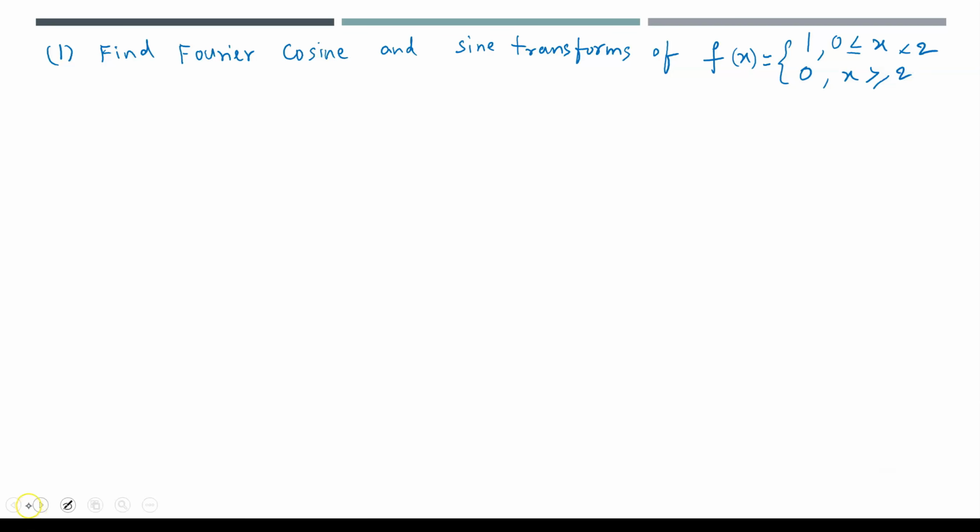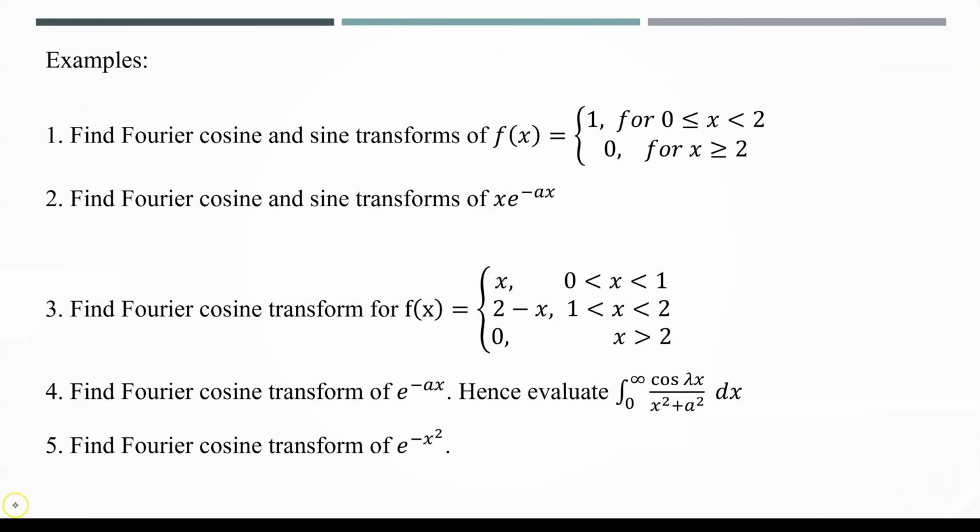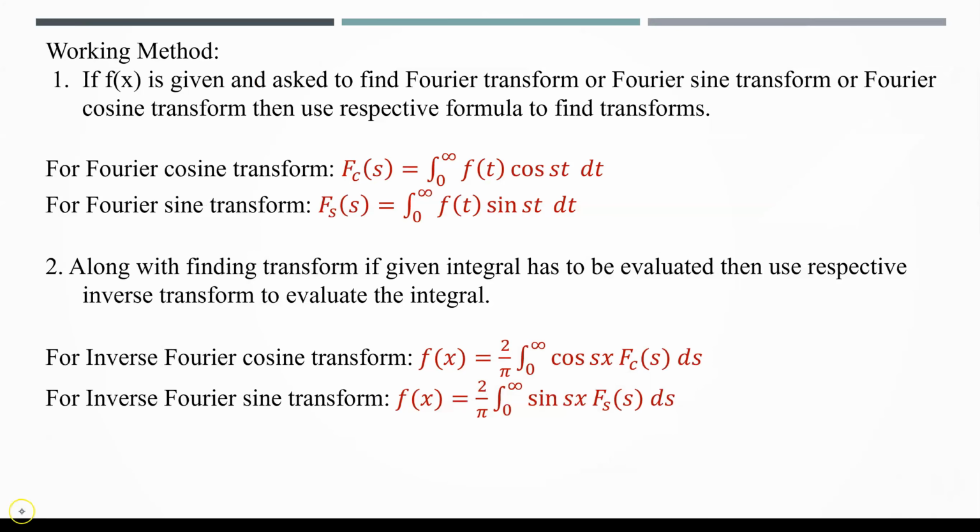Now here we have seen the formulas of these Fourier cosine and sine transforms. Here we have to apply these two formulae to find Fourier cosine transform as well as Fourier sine transform.